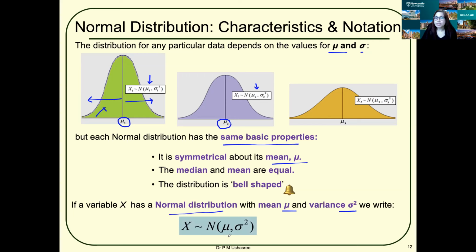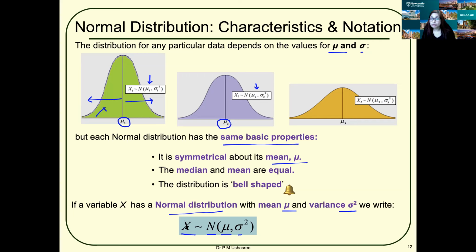And how am I going to read this? I will read it as x is a random variable that follows a normal distribution with a mean mu and a standard deviation sigma, or a variance sigma square. So that is how we state a normal distribution.